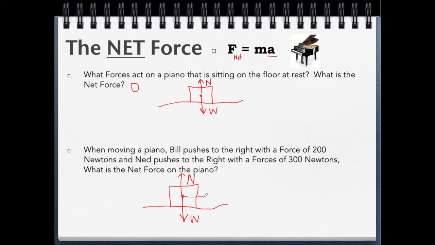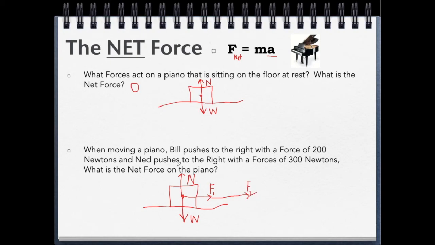So we're just going to say to the right is a force. And let's just call it F1 because it's the first person pushing. And Ned pushes to the right with a force of 300 newtons. So we're going to make this vector just a little bit longer because that is his buddy Ned, and that's going to be the force from the second person.